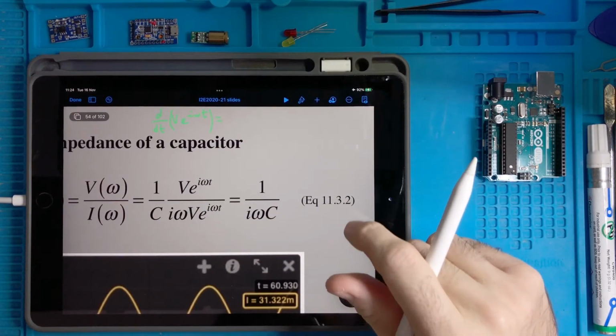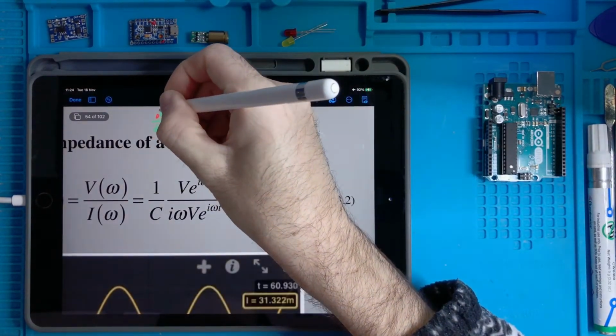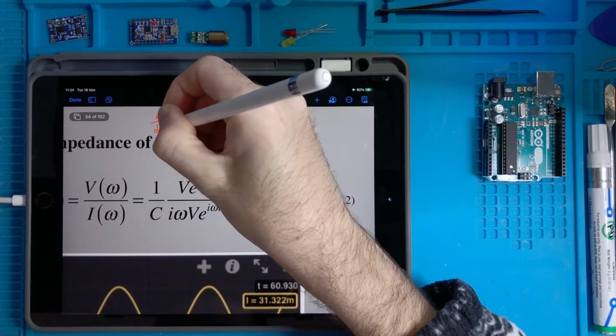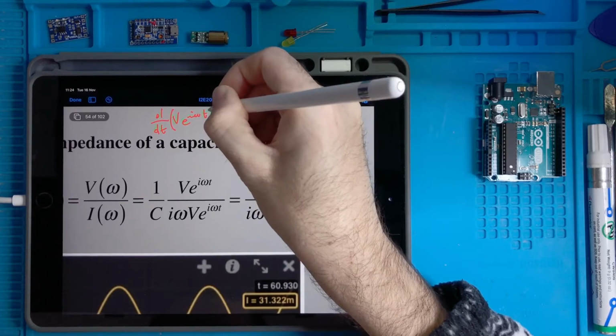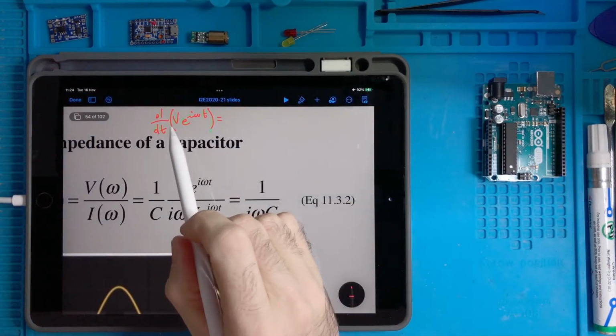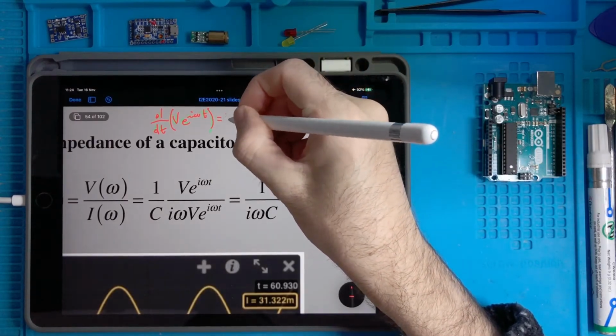Maybe you don't see very well, so let me change color, sorry. d over dt V e to the I omega t. So the magnitude of the phasor is constant, so it goes out of the derivative.